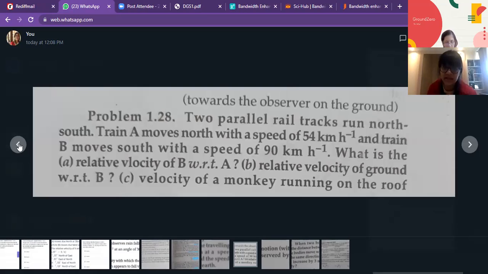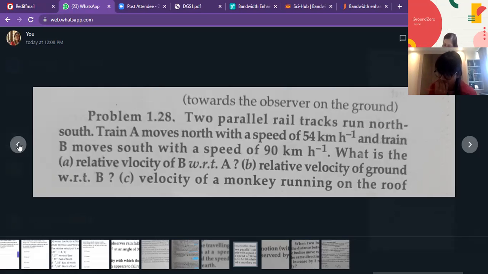Then I'm getting 18. So now 18 kilometer per hour, they have given it with respect to train A, the monkey is running, right? Right.